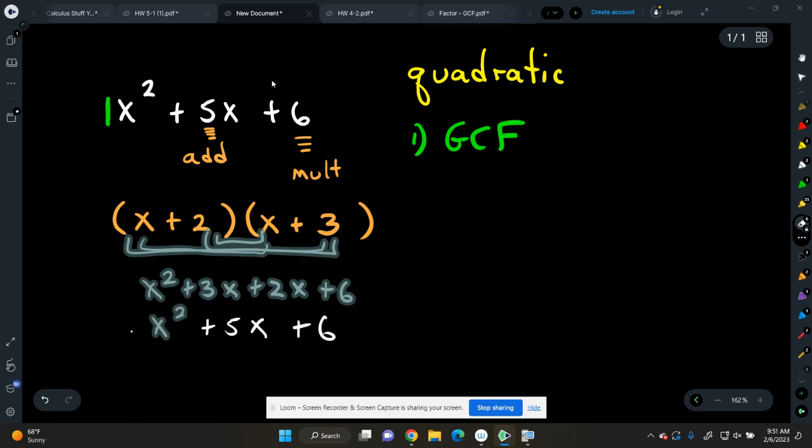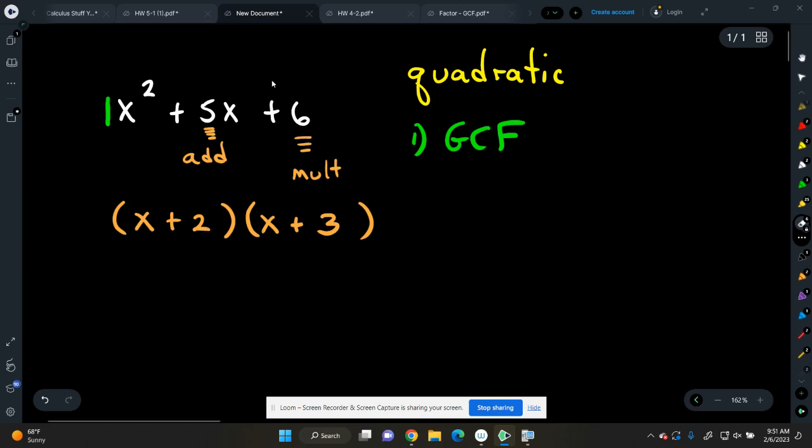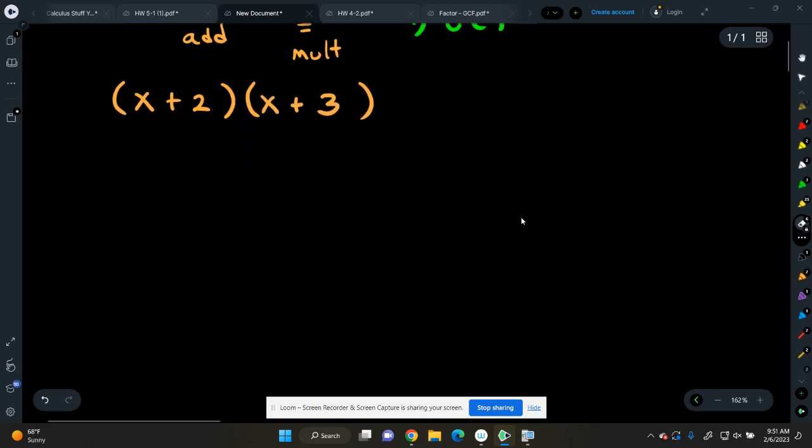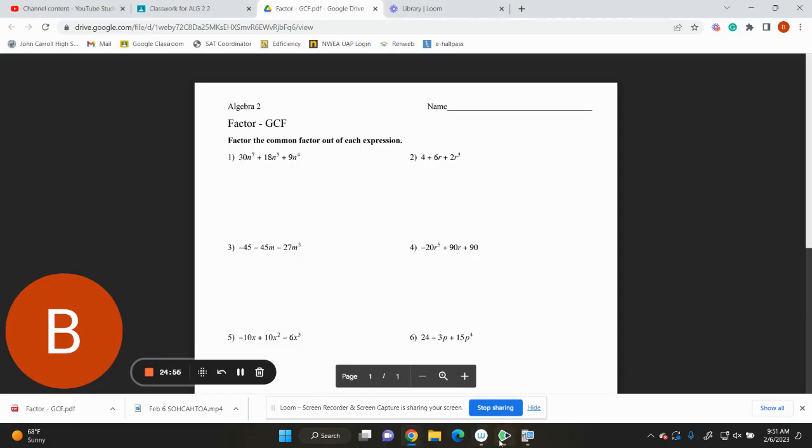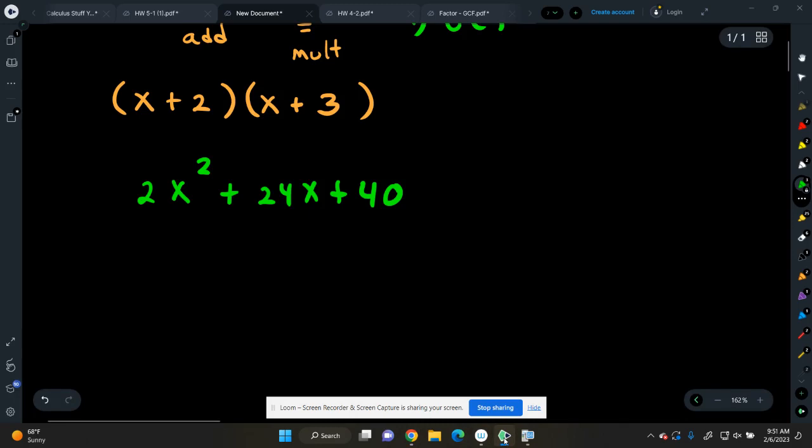Remember, we always look for that greatest common factor first. Let's do 2x squared plus 24x plus 40. We always look for the greatest common factor first.